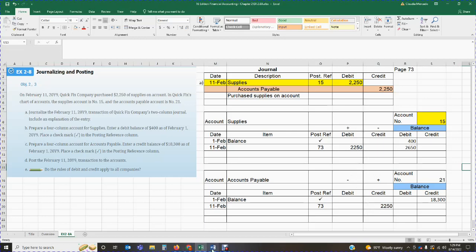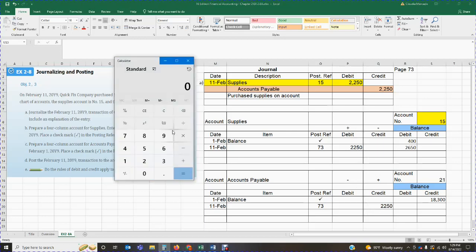So I'm going to get my calculator out, and I had a beginning balance of 18,300 credit. Now I have another credit of 2,250. Because I have another credit, I'm going to add that credit for 2,250. And that means I'm going to have an ending balance of 20,550 credit.